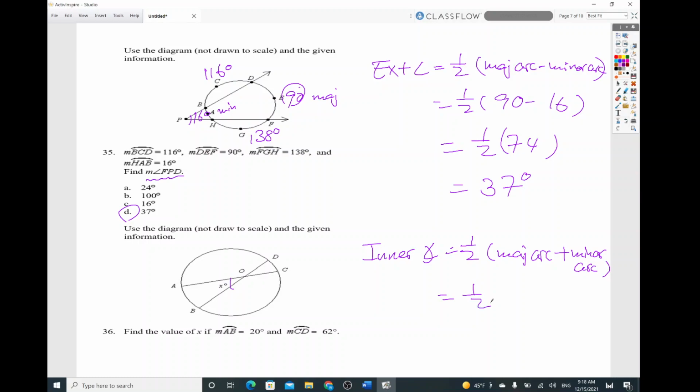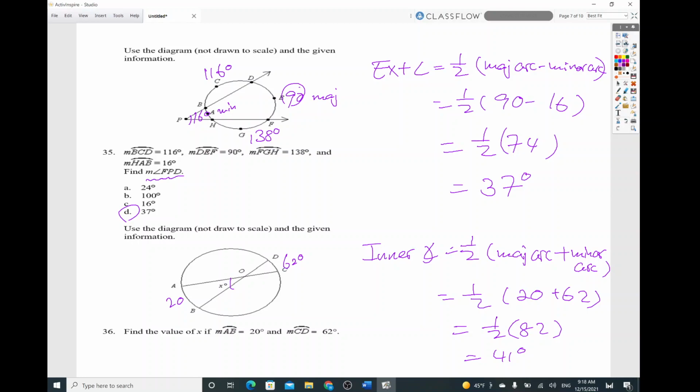So it's 1/2. And this one, the measure of RAB, is 20 degrees. The measure of CD, this one is 62 degrees. Again, the figure is not drawn to scale. So 20 plus 62, combine them, we have 82. 1/2 of 82 is 41 degrees.